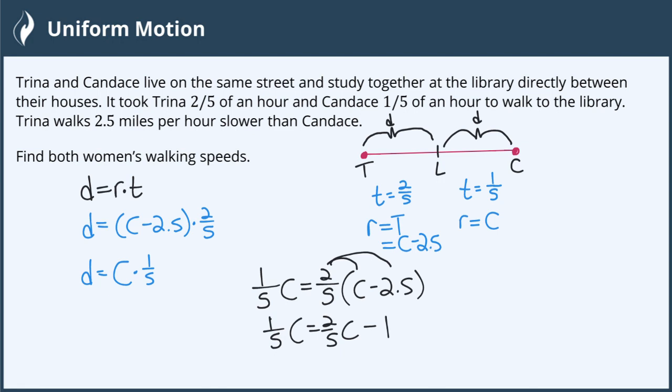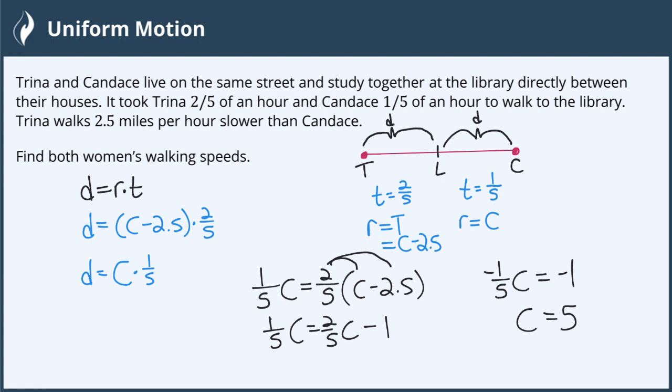Now we want to get the C value by itself, so we'll subtract 2/5 C from both sides. That gives us -1/5 C equals -1. To finish solving for this value, we'll multiply both sides by -5. This gives me that C equals +5. Or in other words, Candace is walking at 5 miles per hour.